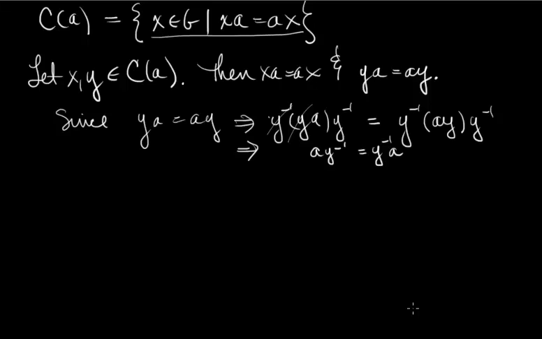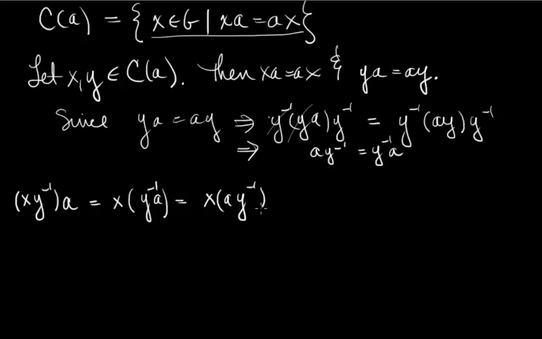So now I want to get XY inverse in the centralizer. In other words, I want XY inverse to commute with A. So I'll take it around the long way so you can see how we use every step. XY inverse times A is equal to, because the operation is associative, X times Y inverse A. Y inverse commutes with A, as we just showed, and then so I have X times A Y inverse.